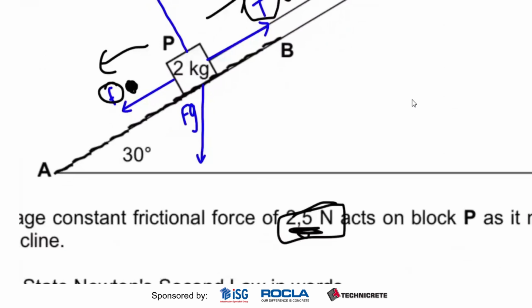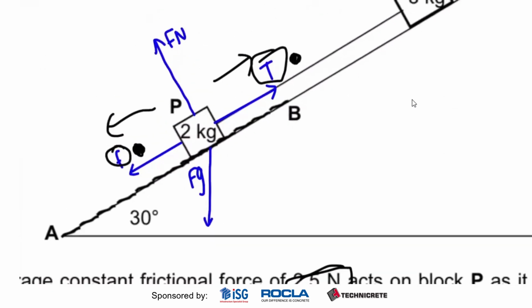So the force of gravity has 2 components. We have the component that is counteracting this normal force, so it's acting at 90 degrees to the slope. And that is the force of gravity perpendicular.